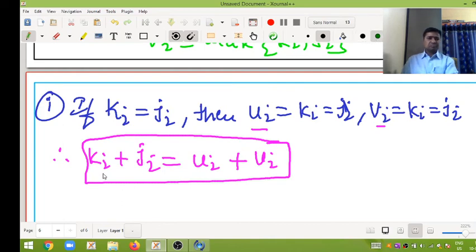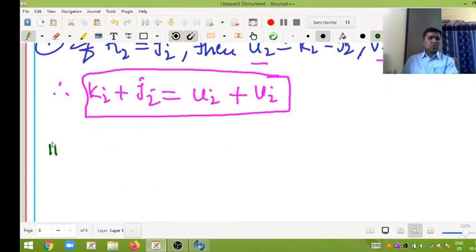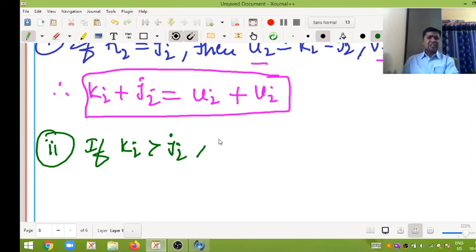Similarly, for case 2, my dear friends: if ki greater than ji, then ui is equal to minimum of ki comma ji. In these two, which is the minimum? Ji is the minimum and ki is the maximum, my dear friends.